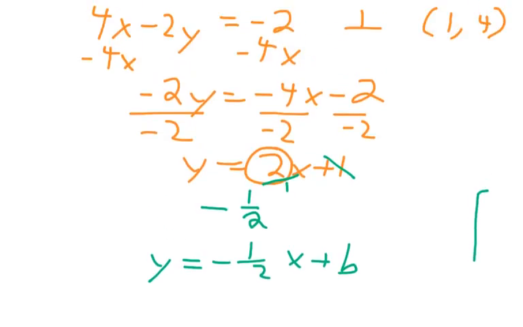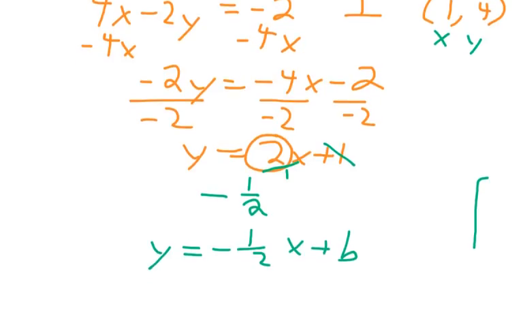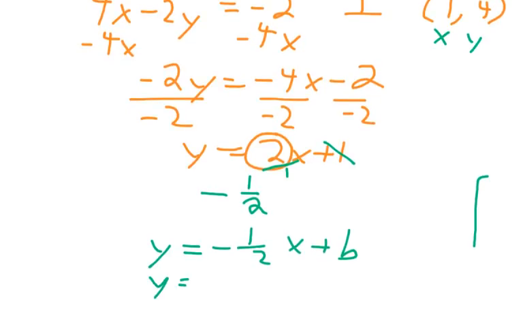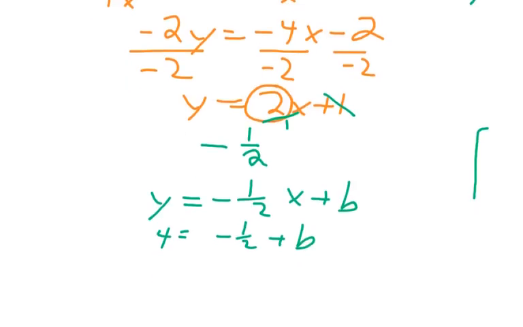Once again, I need to put in my x and my y values. So y, once again, should get replaced by the 4, equals negative 1/2 x plus b.